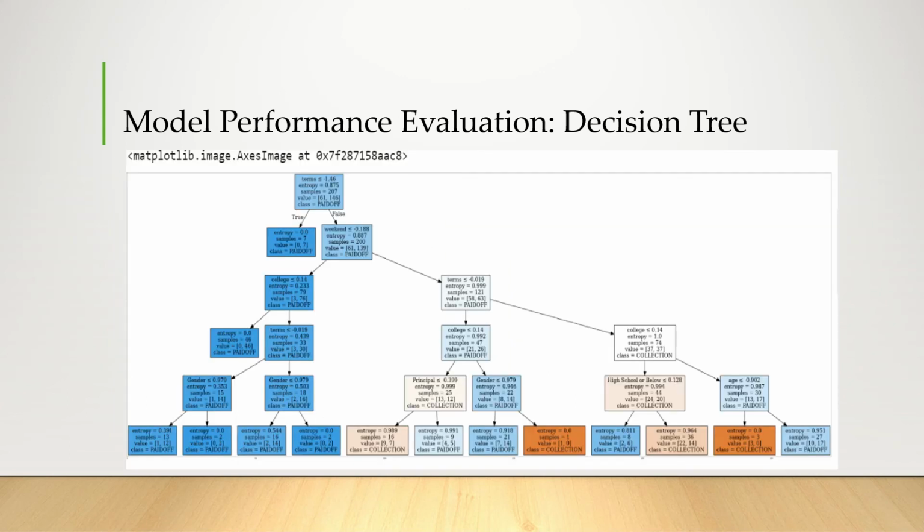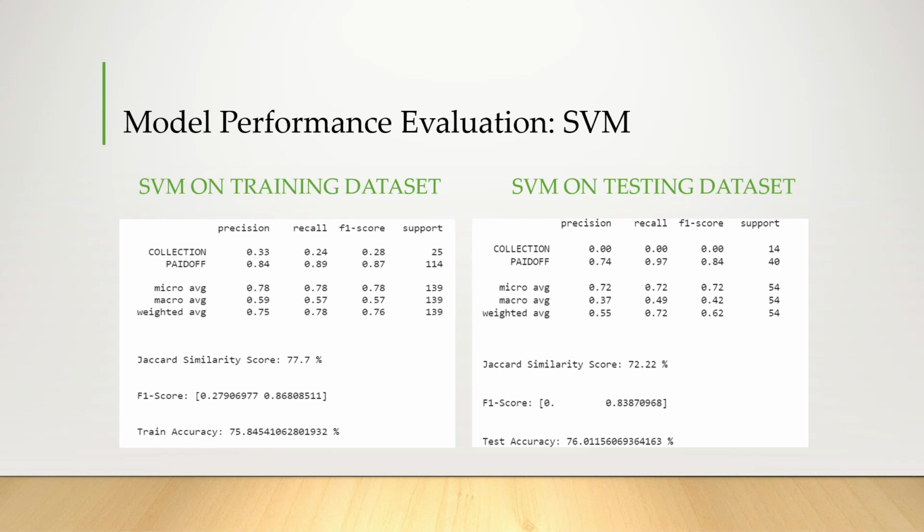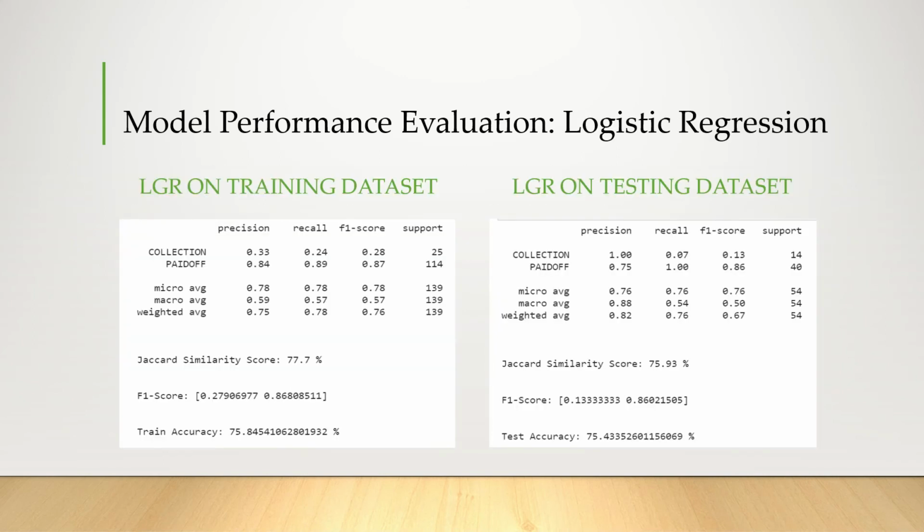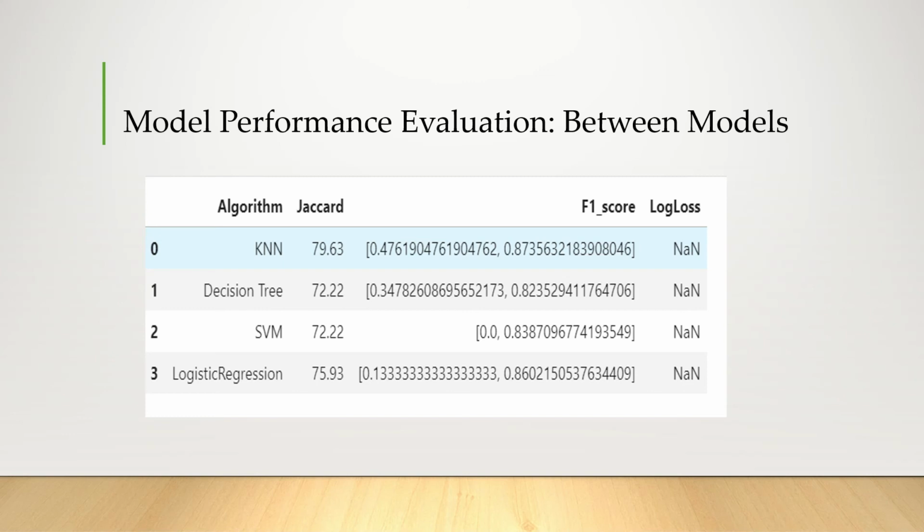For the second approach, I also compared performance among these four different models. Among these four models, our KNN model has the highest Jaccard similarity score and the best F1 score. So I chose the KNN model as the final prediction model.